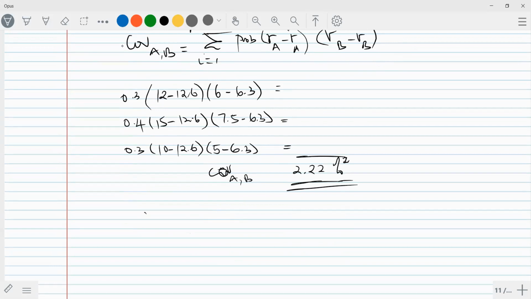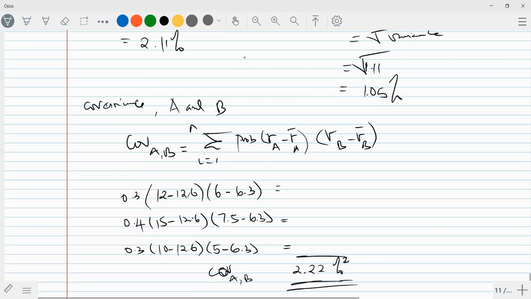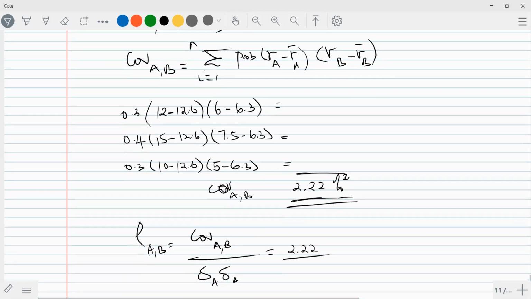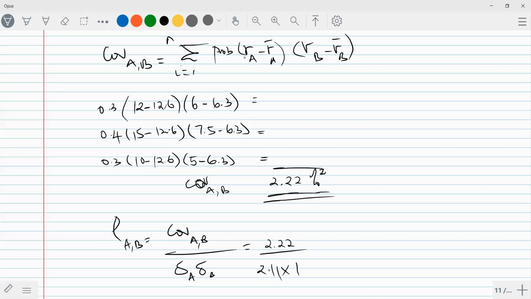So the coefficient of correlation between two assets, A and B, is given as the covariance between A and B divided by the product of the standard deviations of A and B. This gives us 2.22 divided by the standard deviation for A, which we have found to be 2.11, multiplied by the standard deviation for B, which is 1.05.